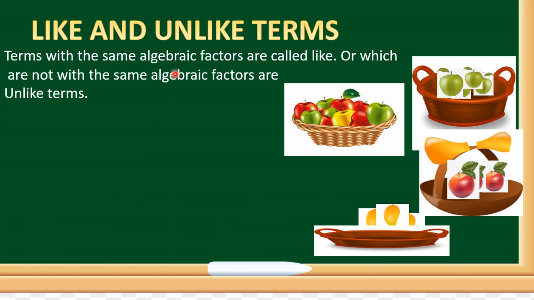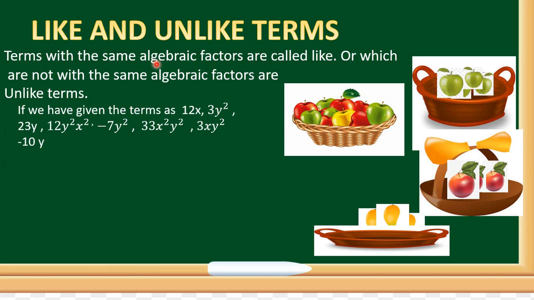Here, the meaning of the same algebraic factor is that two terms having the same variable with the same exponent are known as like terms, and terms having different variables are known as unlike terms. So let us understand this by an example.